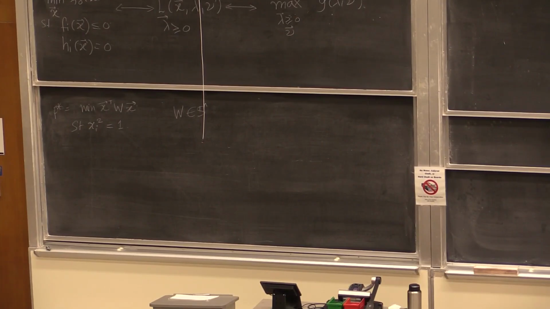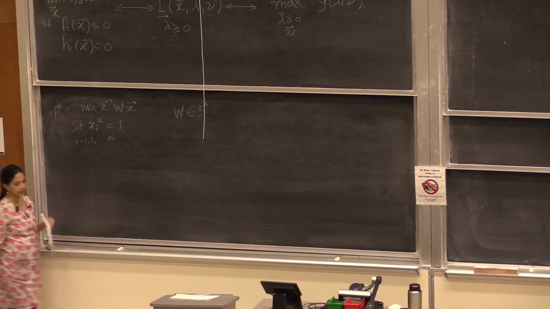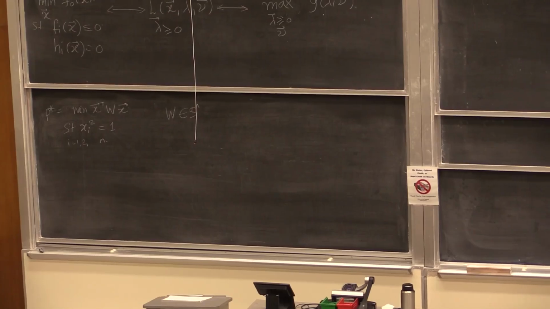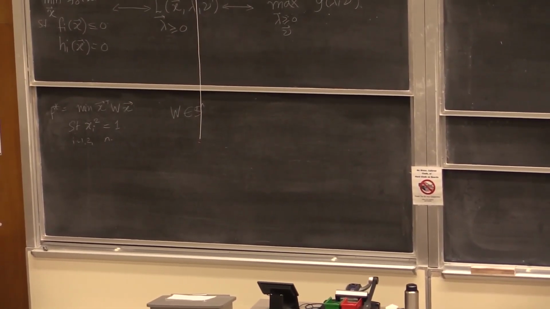What type of objective function is it? It's a quadratic, right? You've seen this before. What is the constraint? xi squared equal to 1, let's say for i equal to 1, 2, all the way up to n. Let's say these are n length vectors. What does that constrain xi to be equal to? What are the possible values it can take? 1 or minus 1, right? There are only two values.